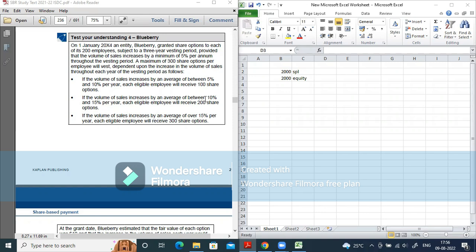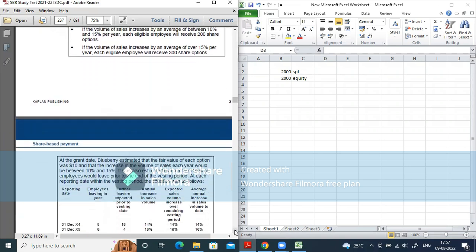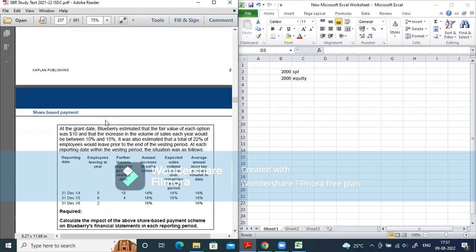And if the volume of sales increases by an average of 15% per year, each employee will receive 300 share options. So the number of share options depends on the increase in sales. To get at least 100 share options, a minimum 5% increase should be there.